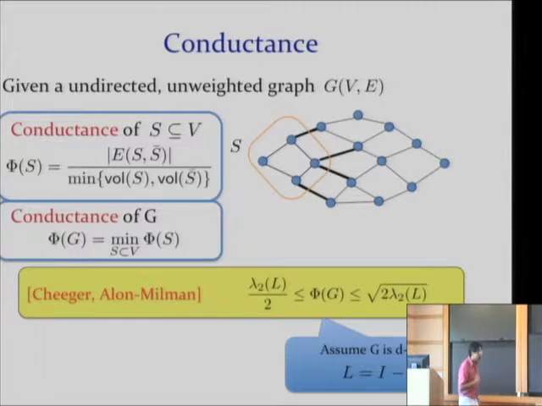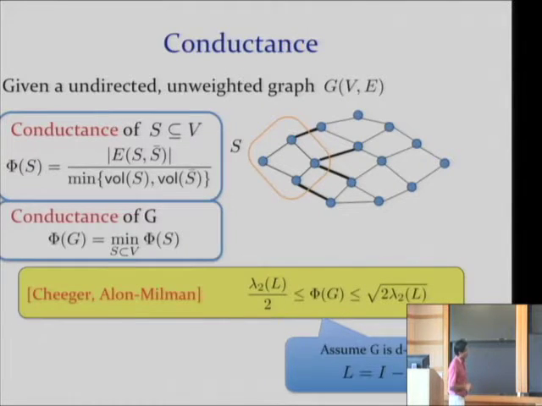Just to remember, the first eigenvalue of the Laplacian is 0. We'll assume G is D regular, although all of this works with irregular graphs. In that case, we define the Laplacian as identity minus 1 by D times the adjacency matrix of the graph.